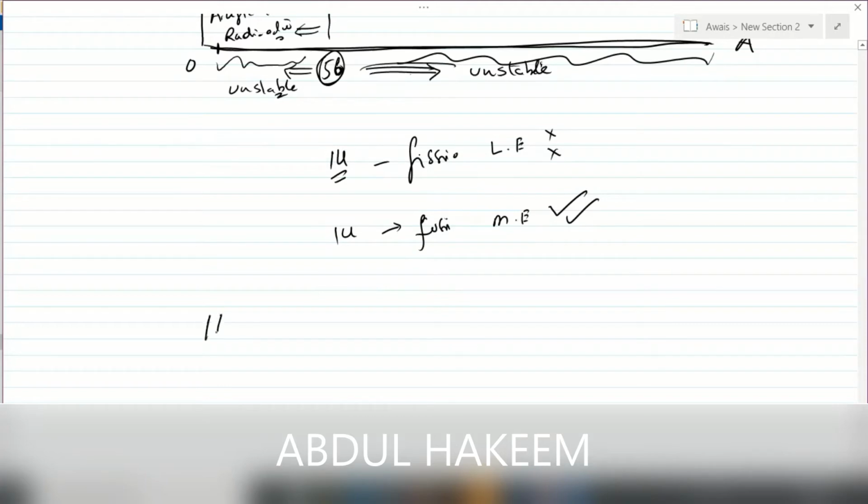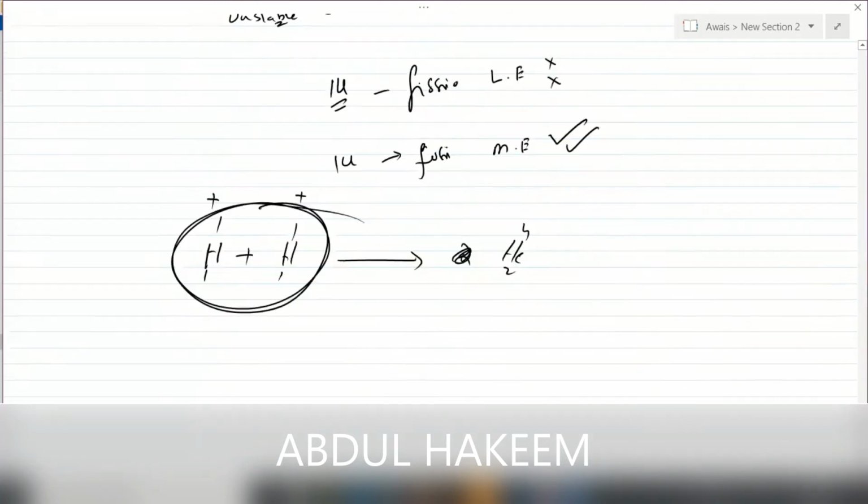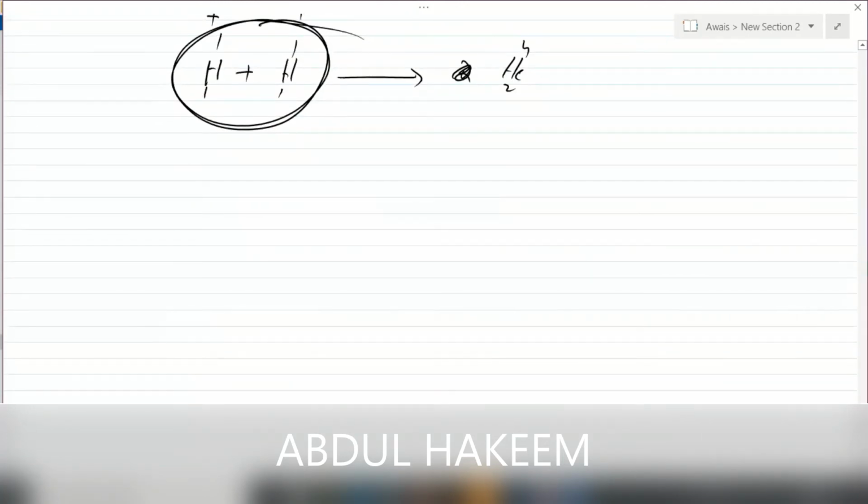So for the fusion, H11, we have to form the helium He24. So more energy is required in the fusion because we have to overcome the repulsion of the positive nuclei. But in the fission, they are heavy enough. They are unstable.